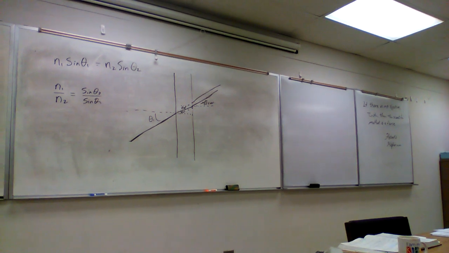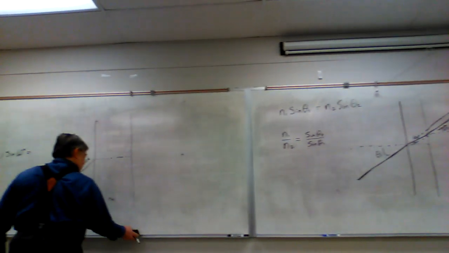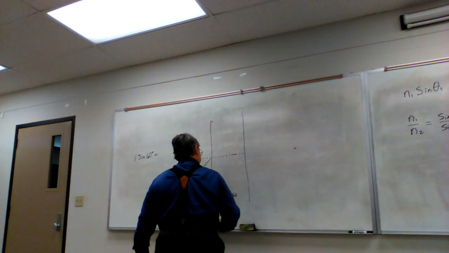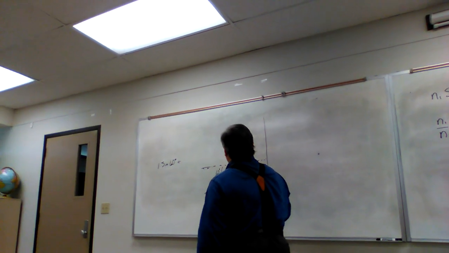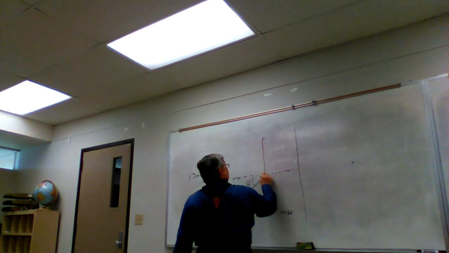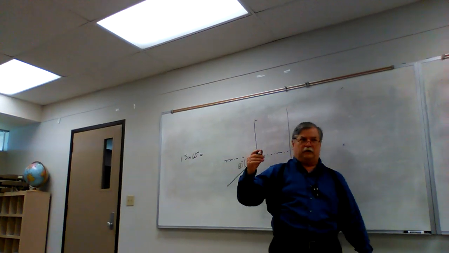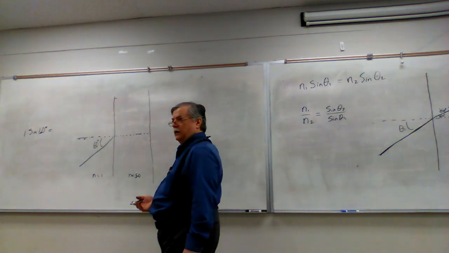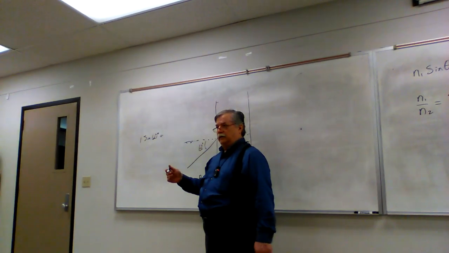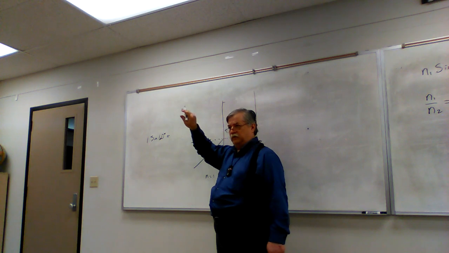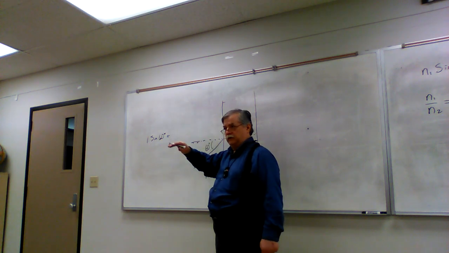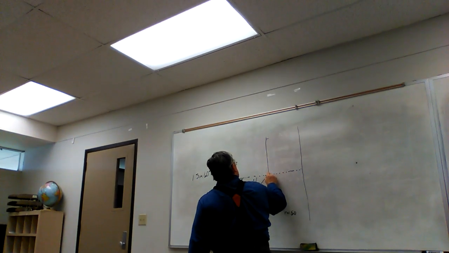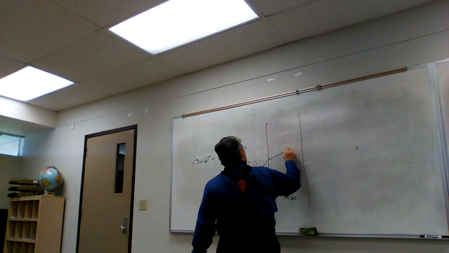Oh, that's right. 1.33 is water. We're going to go 1.50 here. That means, because we're going into a higher index of refraction material, the ray of light is going to be bent towards the perpendicular, towards the normal. So it's going to be a lower angle here.